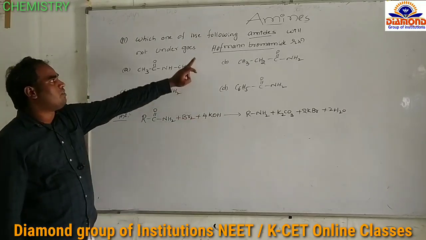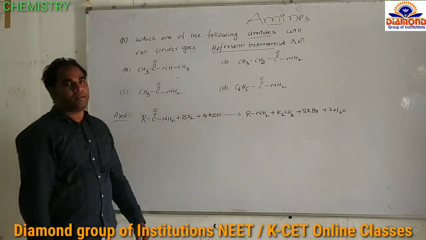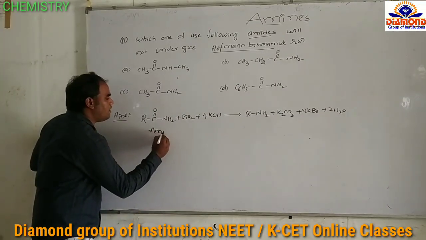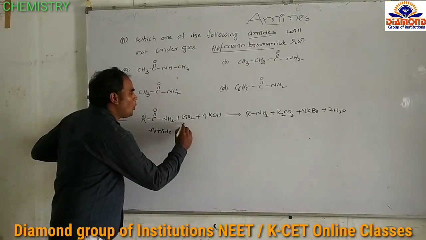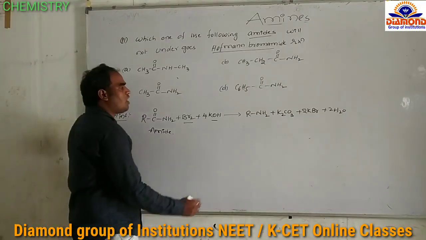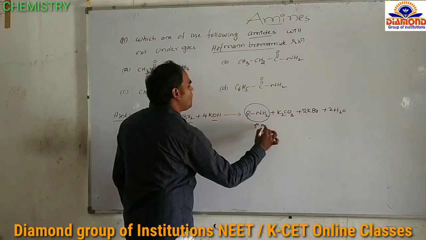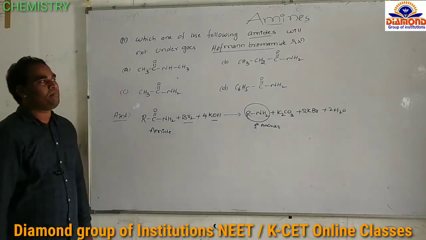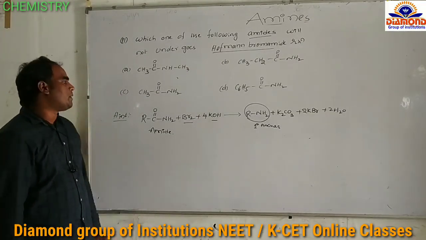See students, for this question, this is a hint. Hoffmann bromamide reaction. In this reaction, this is the amide. Amide reacts with bromine and base, and it forms a primary amine. Hoffmann is the scientist's name here.